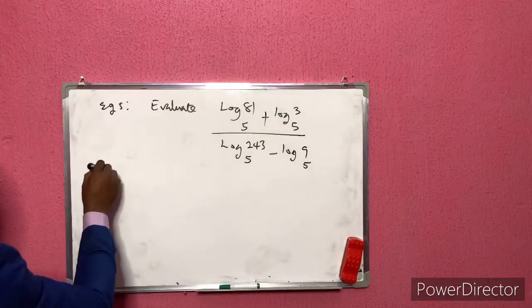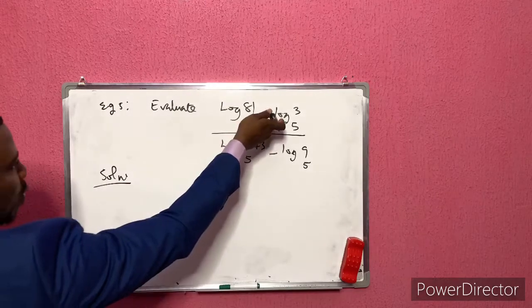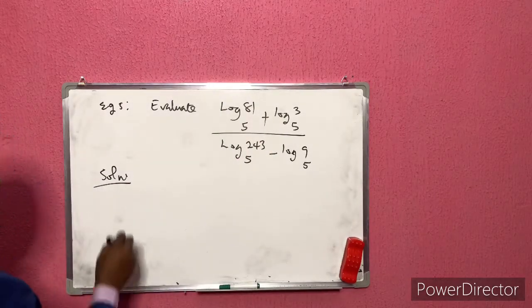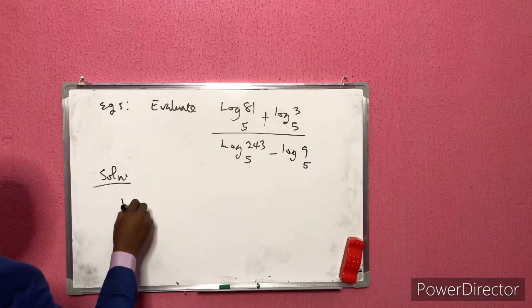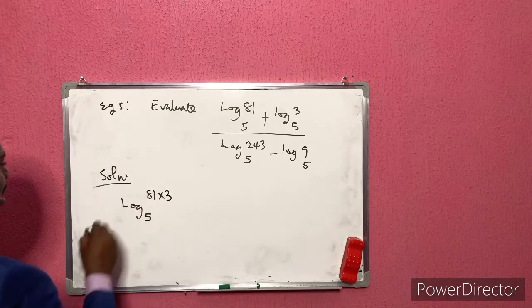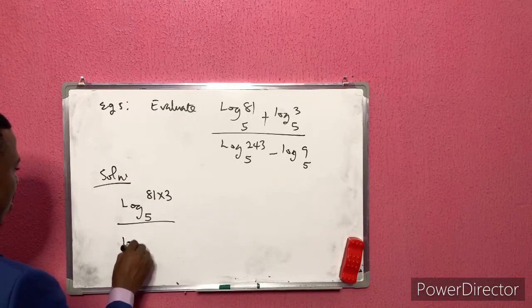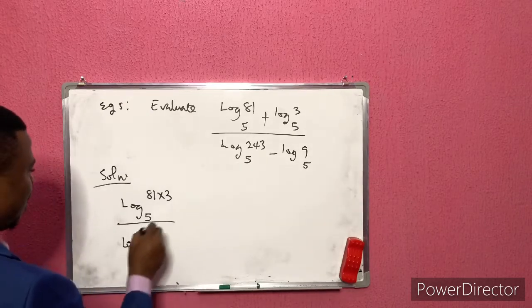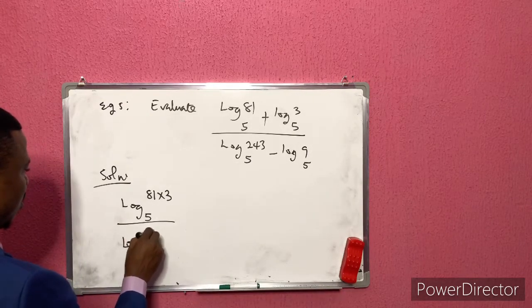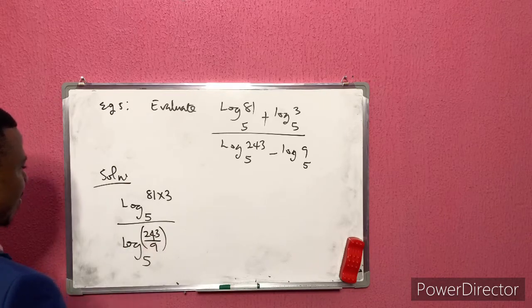Okay, solving a problem like this. Remember what's subtraction in logarithm? It will give you log 81 divided by 3 base 5, over, subtraction and division, 243 over 9 base 5.